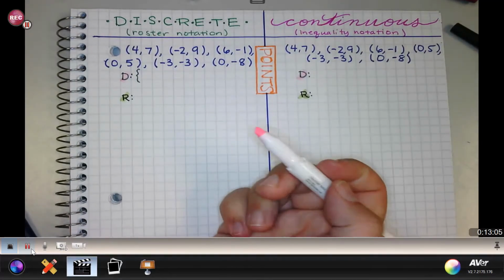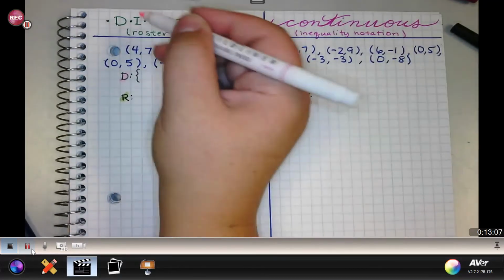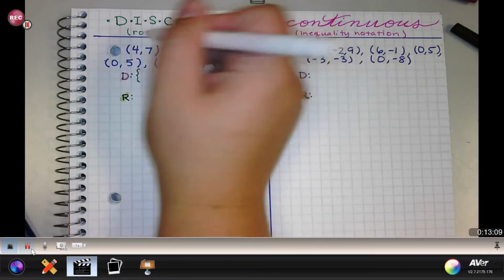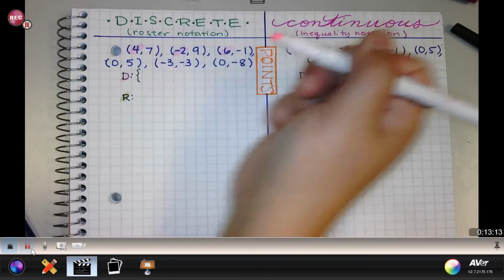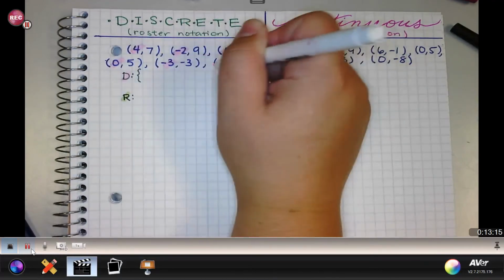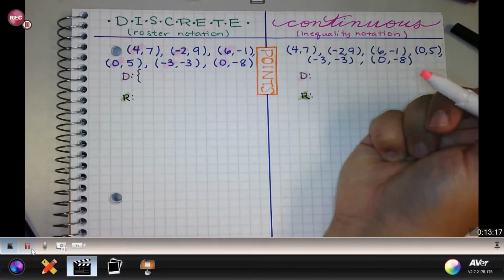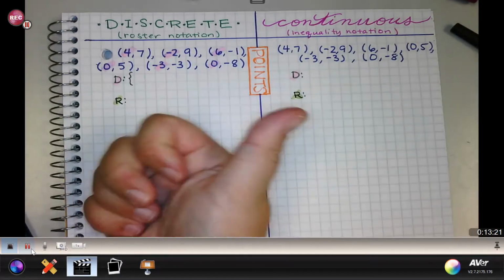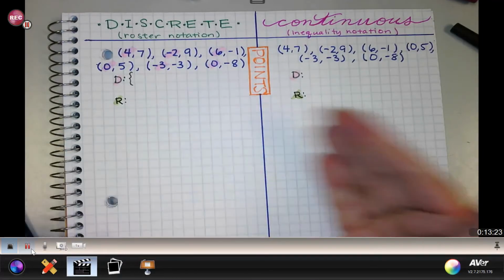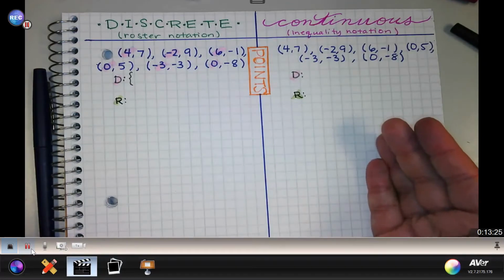So the x value will always be first in an ordered pair. So this is why I wanted to color coordinate. So I'm going to take my pink and I'm going to find all x values. So I have 4, -2, 6, 0, -3, 0. Okay, so those are my numbers. Now remember, we want to list them in ascending order, meaning we start lowest and go highest, and don't list repeats.